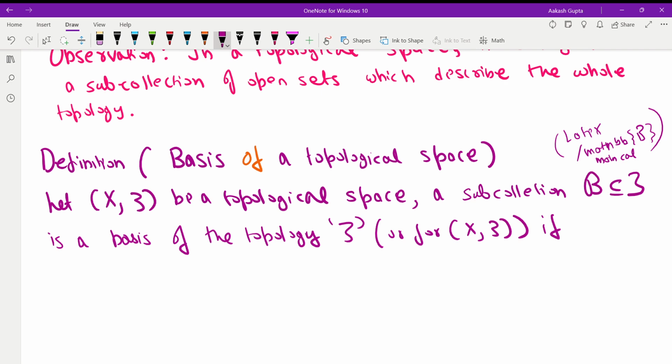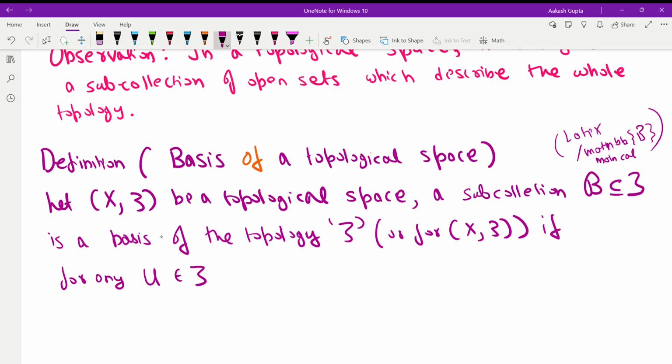Let us see it properly. If for any U belonging to tau, that is, for any open set U in tau, you can express this U as a union of members of B.